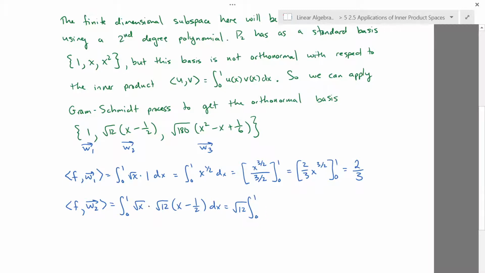Then square root of x is multiplying this thing in parentheses, so I distribute, right? Square root of x times x is x to the 1/2 times x to the first, so you add the exponents to get x to the 3/2. Then you have minus 1/2 square root of x, so minus 1/2 x to the 1/2.